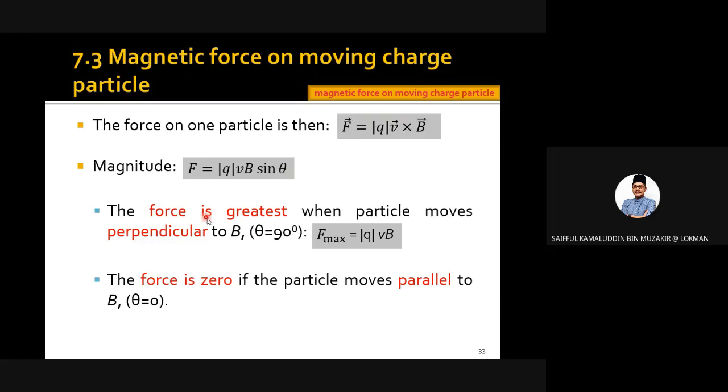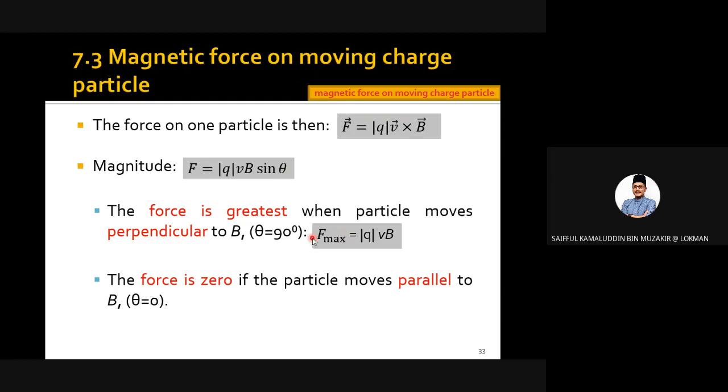The force is greatest when the particle moves perpendicular to B. Whenever the velocity is perpendicular, 90 degrees to B, sine theta will be equal to 1. Therefore, the force is greatest when the angle between B and V is 90 degrees.